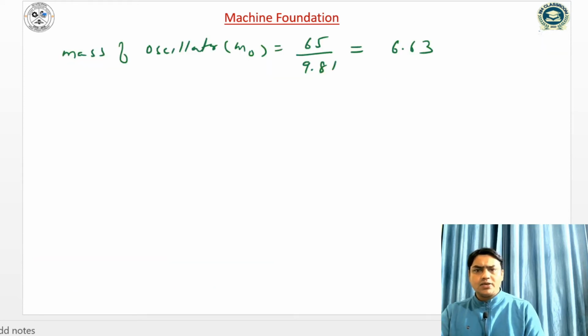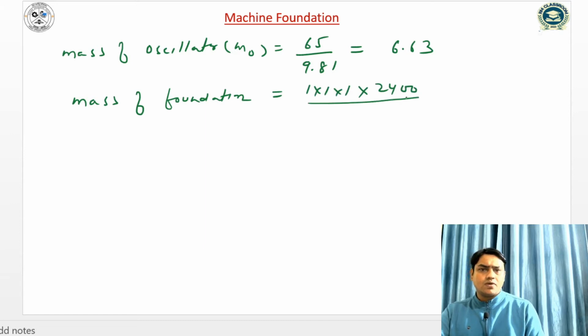And we have to find the mass of foundation. Mass of foundation block is equal to 1 into 1 into 1 into 2400 kg per meter cube divided by 9.81.